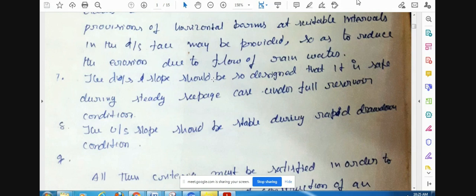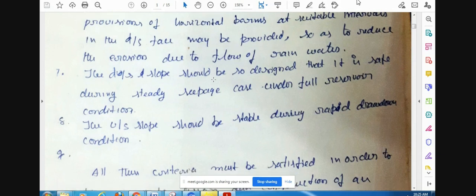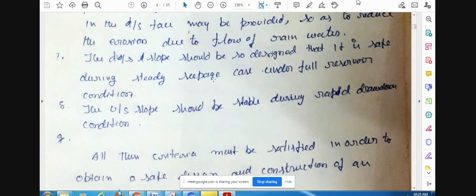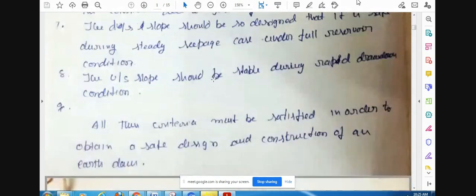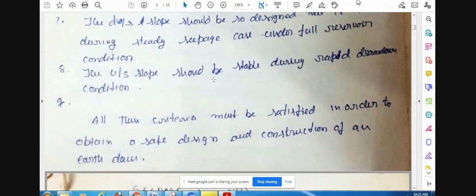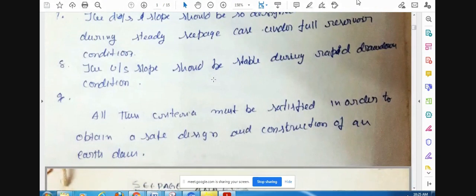So you have to design in such a way, keeping all those things in mind. These are the criteria that must be satisfied in order to obtain a safe design and construction of an earth dam. These are the checklist, right? So before starting the design or while the work is in progress, you have to ensure that all these criteria are met or not.